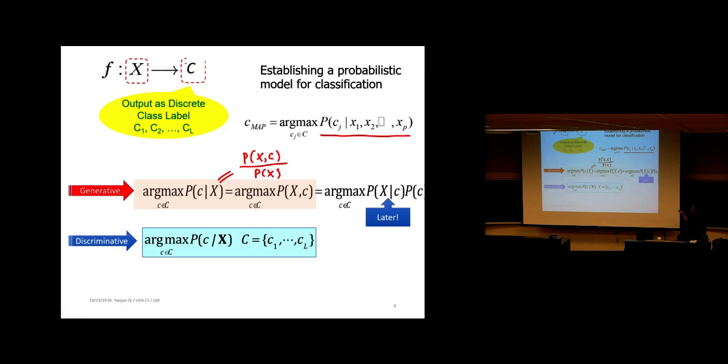When you're doing argmax, the denominator doesn't even influence the max operation at all, so that's why you drop it. Because P(x) is not related to C, and you're trying to argmax only over C, the denominator doesn't matter. It's all proportional with 1 over P(x), so you change the argmax of P(C | x) into the argmax of P(x, C) by dropping the P(x) denominator. And this is the whole idea behind various kinds of generative Bayes classifiers. We're going to cover that later after we finish the discriminative classifier.